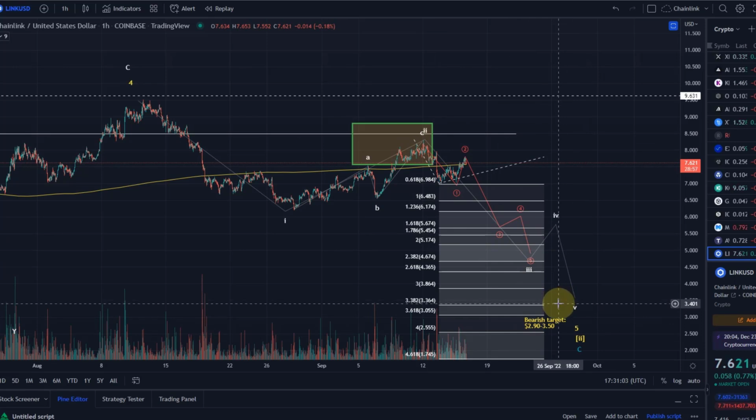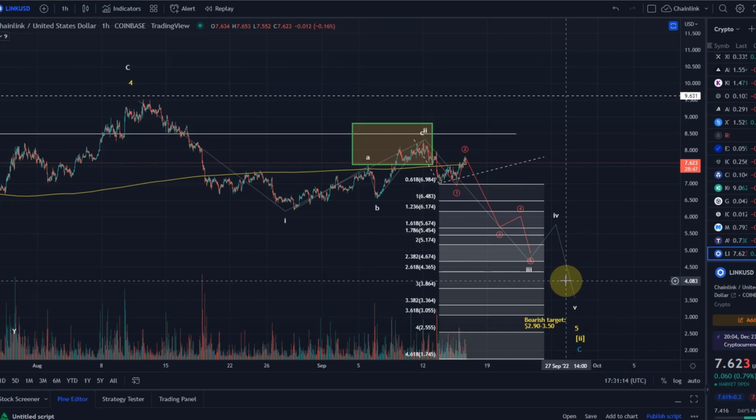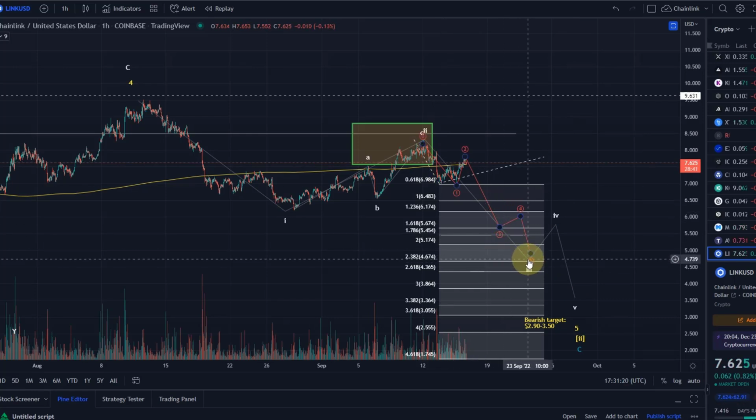If we, however, do an ending diagonal pattern here, then we'd be looking more into an area which is a little bit higher, maybe sort of the $4 mark, $4.20 or so. But overall, let's see if we get this wave 3 done. And the target is sort of in the 4.70 range, maybe a little bit higher even.